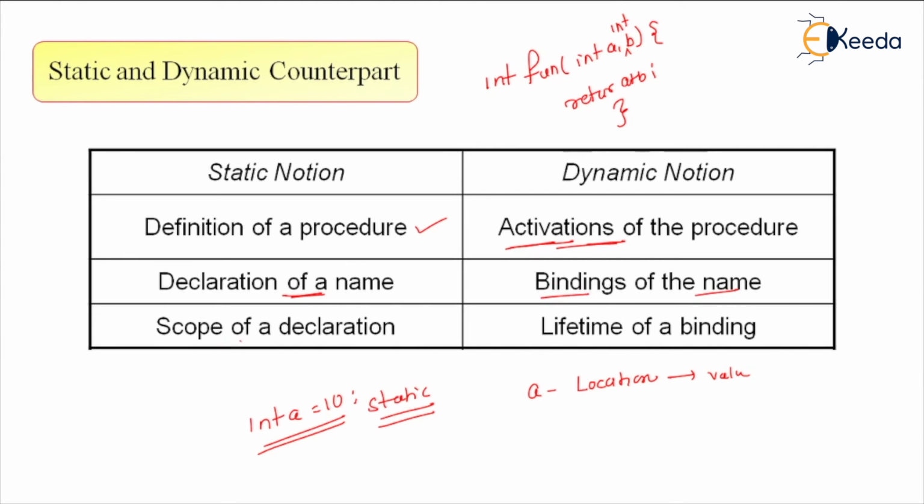Scope of the declaration is the static notion. Lifetime of the binding, how long it stays bound to a particular location and value, is the dynamic entity. So that is the static and dynamic counterpart for procedures, variable names, and scope. That's all for this discussion. Thank you.